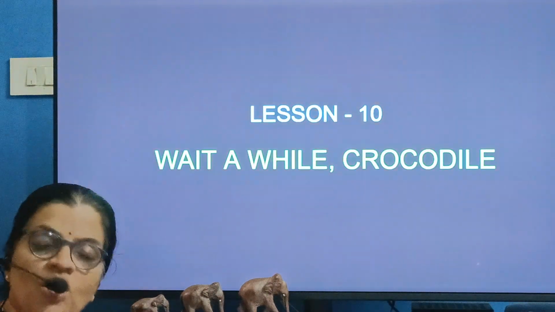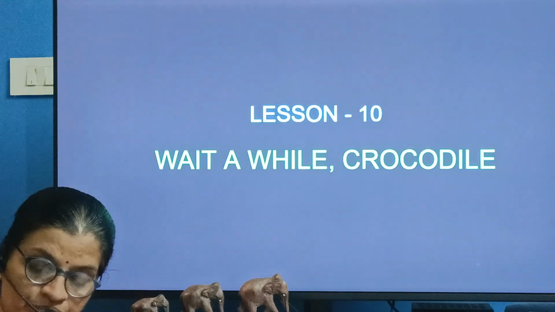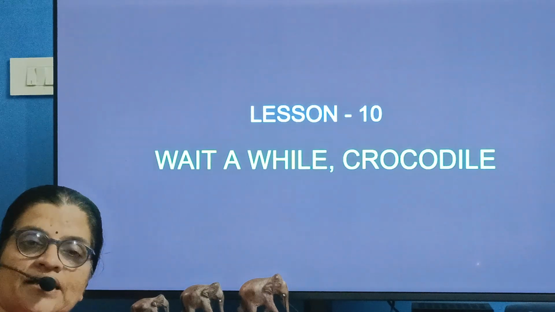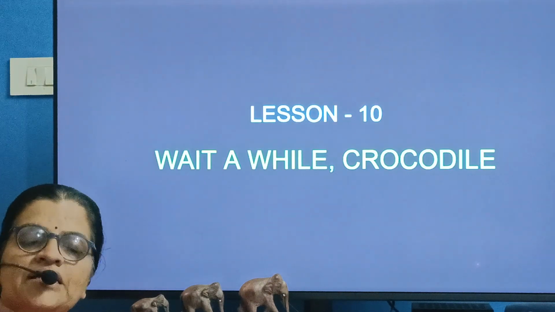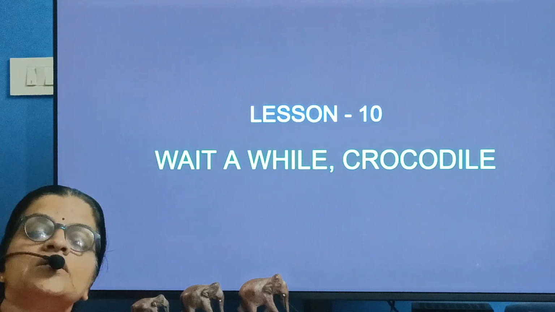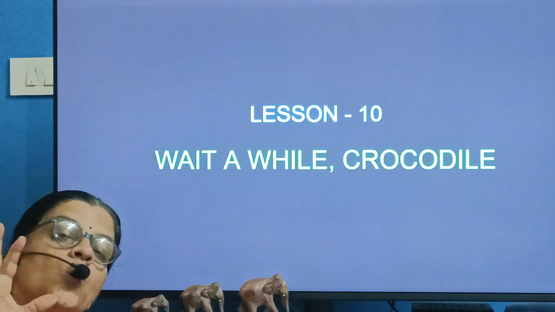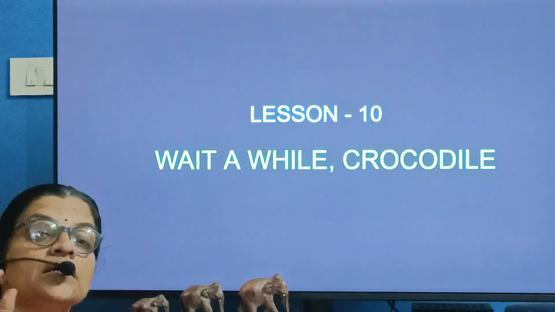Do all of you understand? And they always live in fresh water. Habitat means the place where these animals live. That is known as habitat. So they are living in fresh water, not salt water.